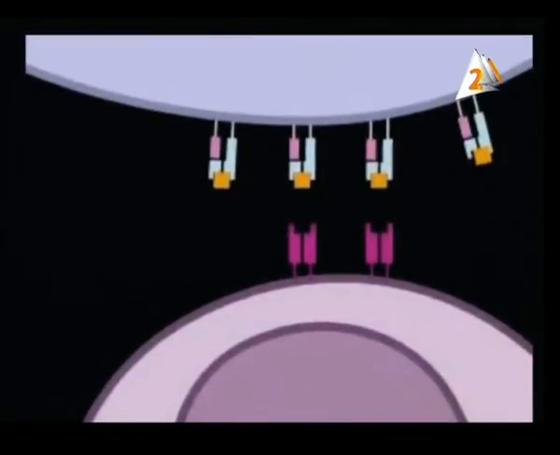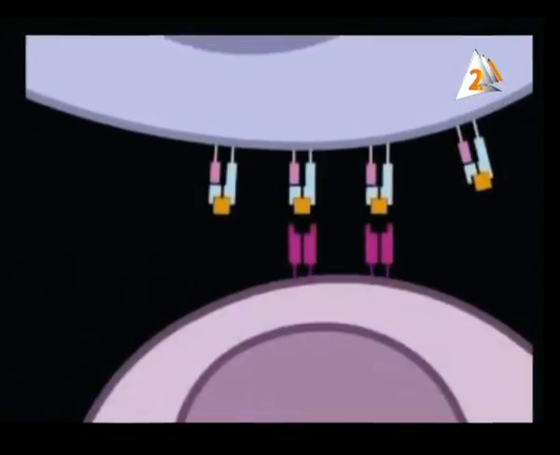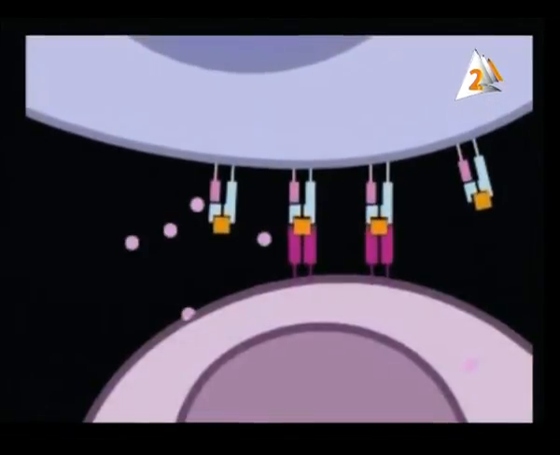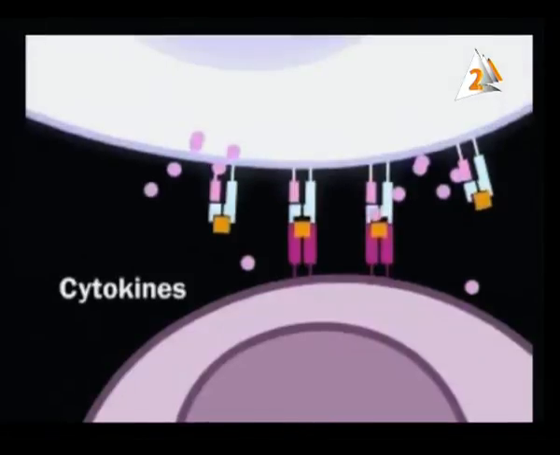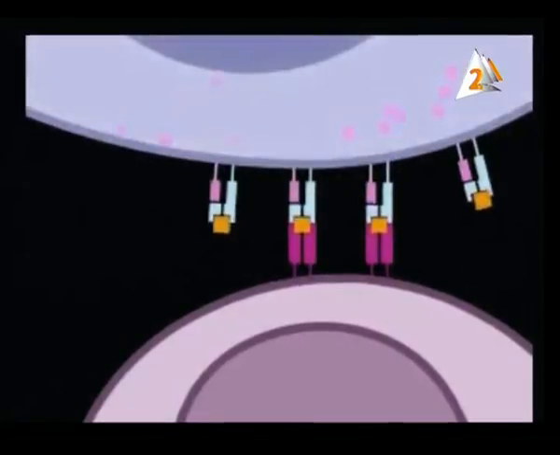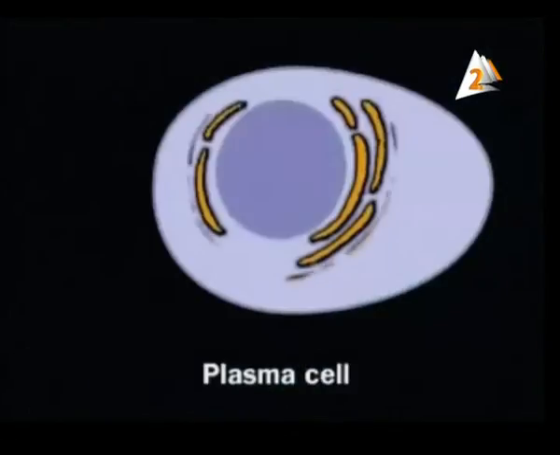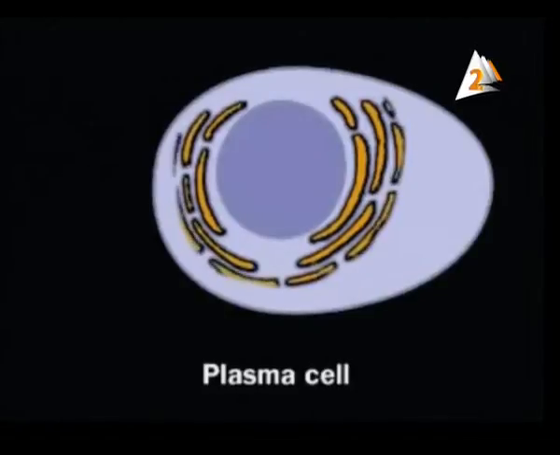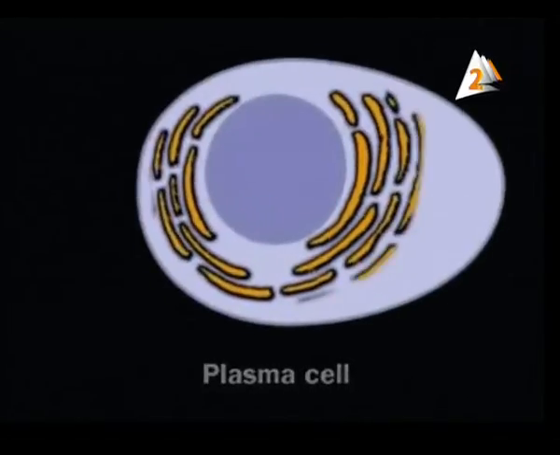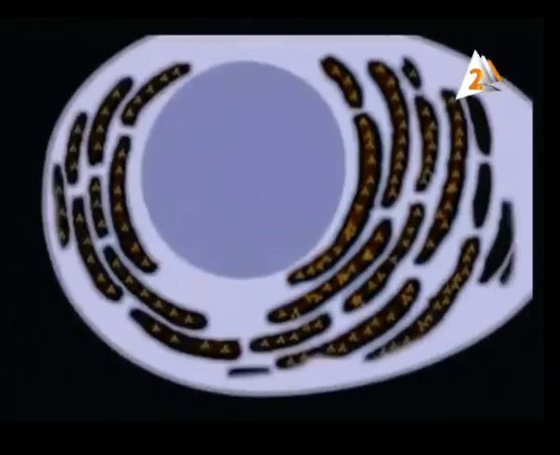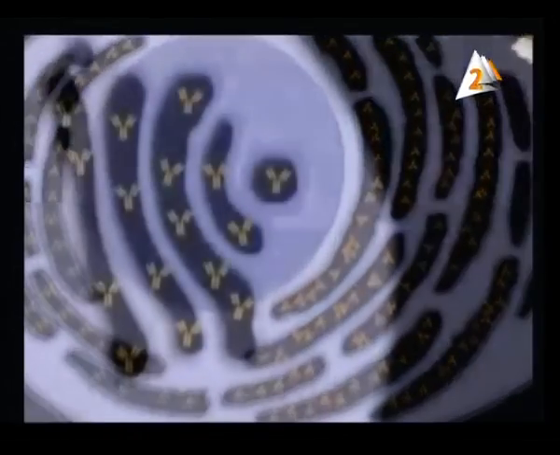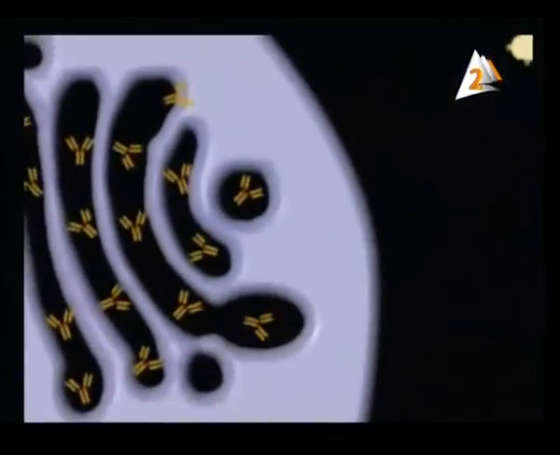Then the complex resulting from the binding between the antigen and the MHC2 is transferred to the plasma membrane of the macrophage to be presented on its outer surface to the T helper lymphocyte. The helper lymphocyte is symbolized by TH.